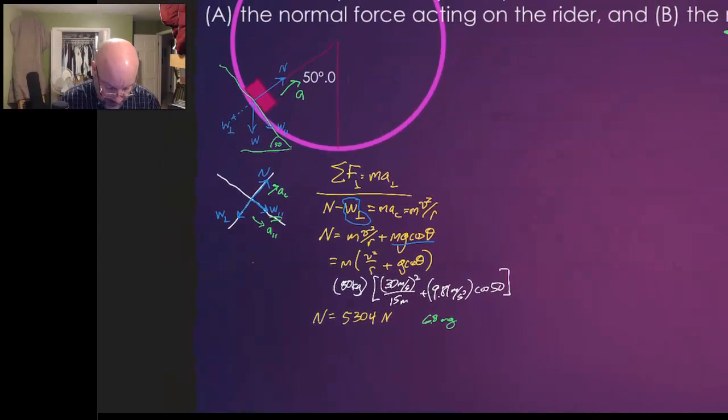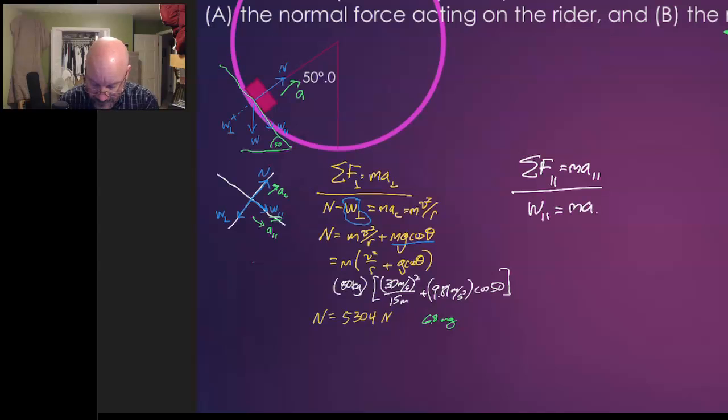So let's set that up. Use a different color here. And let's call that the parallel bit. So we're looking for the parallel acceleration, which is just going to be the parallel component of the weight: m a parallel equals mg sine theta.